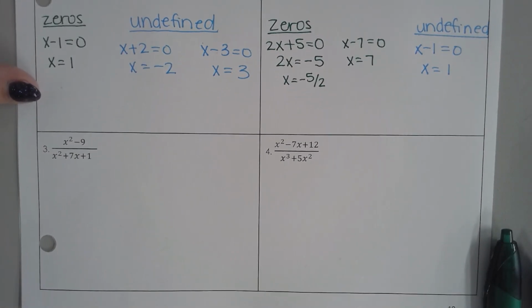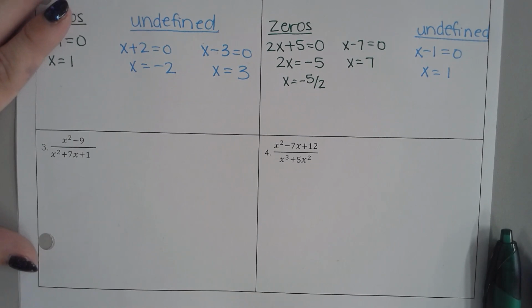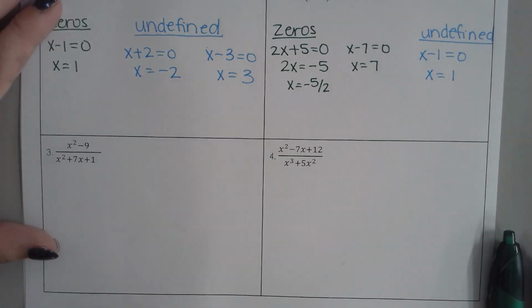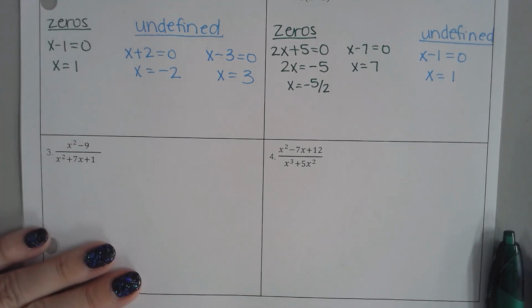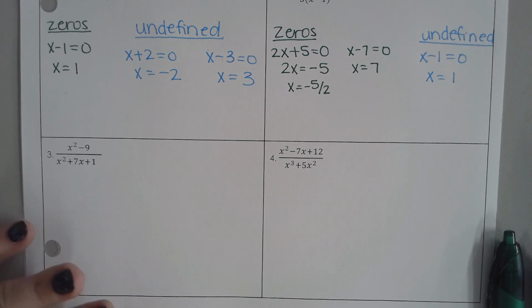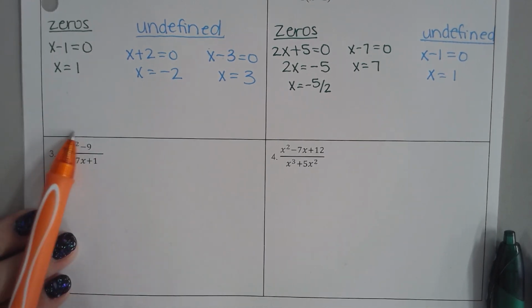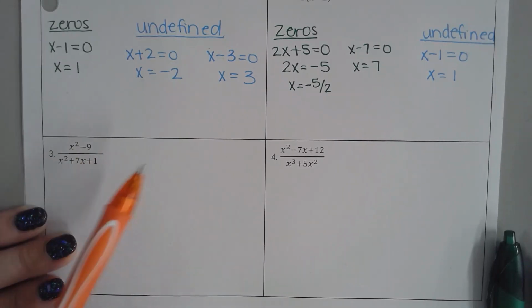Okay. So number 3, these are not factored. x squared minus 9 is a difference of squares. If you see a difference of squares, the little light in your brain needs to be going off. x squared is a perfect square.